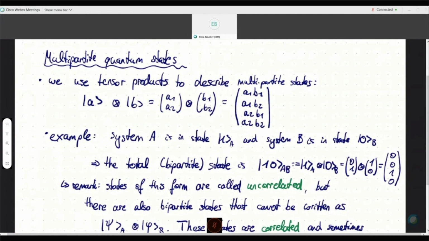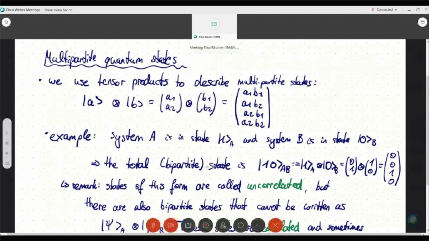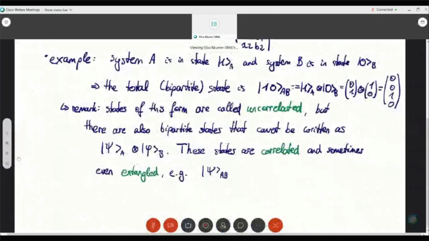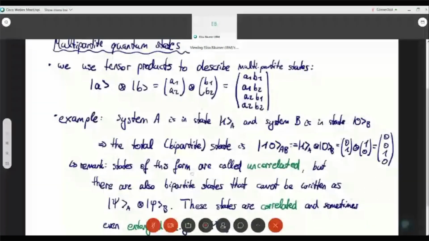We will talk about that actually in the third hour a lot, or at the end of this hour. One example is the psi 00 state, which we'll also look at later, just to write it down already now so you see what I mean.